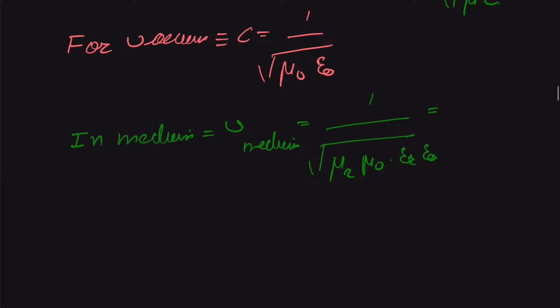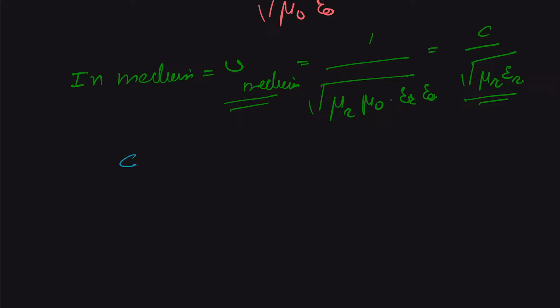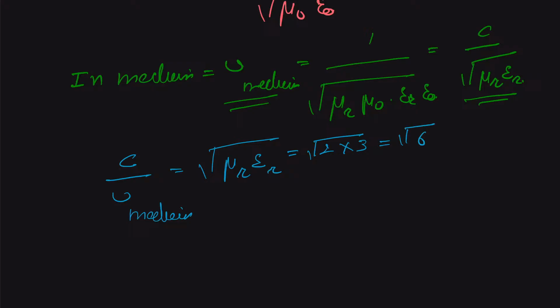So this comes as c upon the square root of the relative values. This relationship we should know directly, but if you don't know, we can just calculate it. And we need to find their ratio. So c upon the velocity in the medium will be equal to the square root of the product of the relative values, and this comes as 2 times 3, which is the square root of 6.